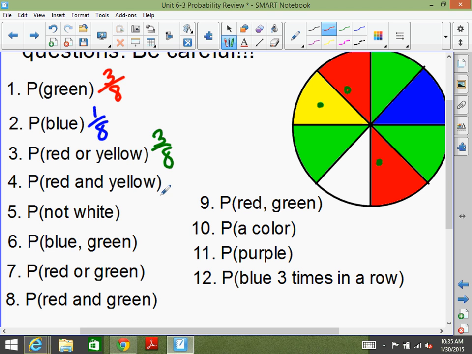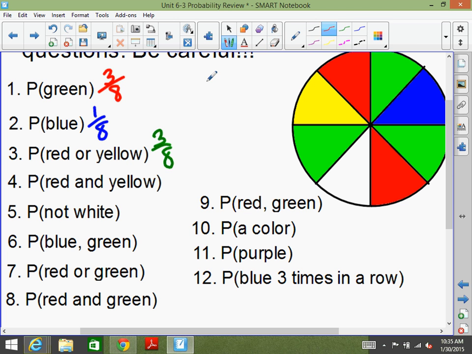When we have compound, what do you have to do? Multiply. Fraction times fraction. It's not the same as red or yellow. I want two things to happen. And when you want two things to happen, you have to have fraction of the first times fraction of the second thing. That's compound.